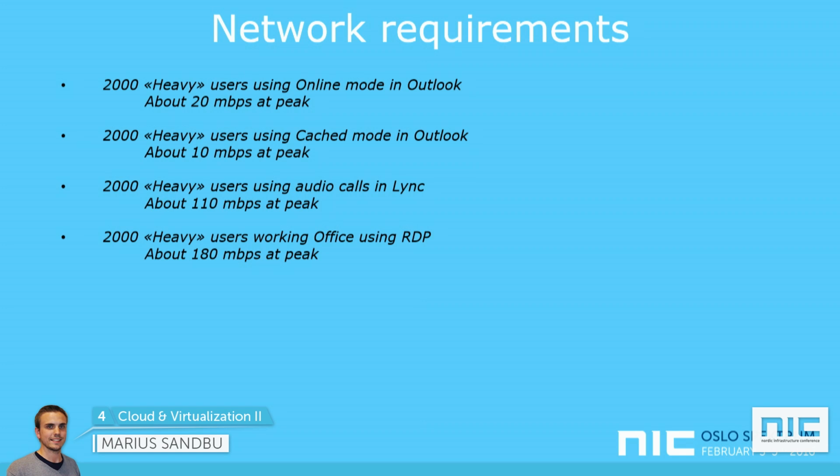So RDP for 2,000 users running Office will generate about 180 megabytes of traffic at peak. If we combine the two, we have about 300 megabytes of traffic going in and out of the terminal servers. So what if we had the optimization pack installed? Then we would offload a lot of the traffic and the Lync traffic down to the end user computer instead of going through our gateways.